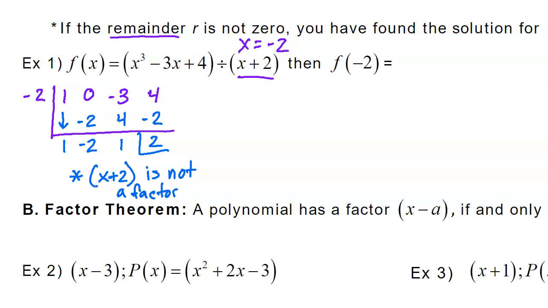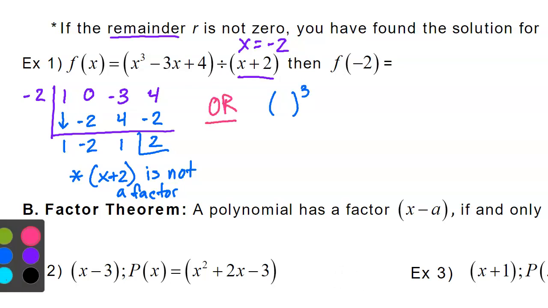Now, however, there's something called the remainder theorem. If we take the root, which is -2 in this case, and substitute it into the polynomial, our polynomial is x cubed minus 3 times x plus 4.